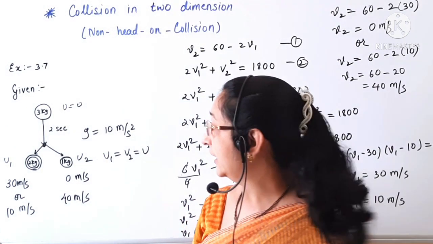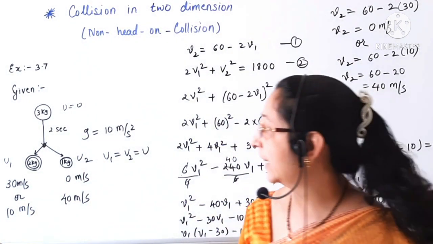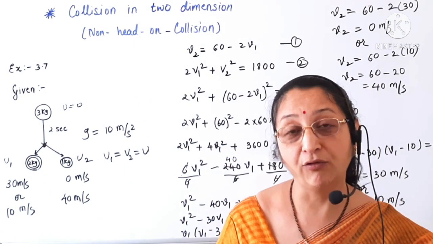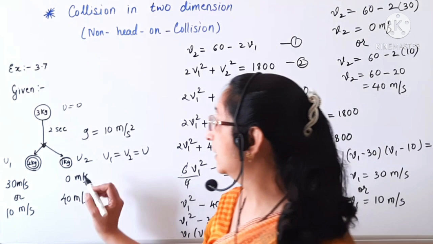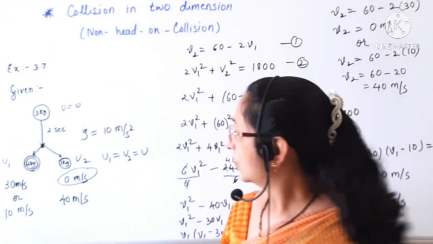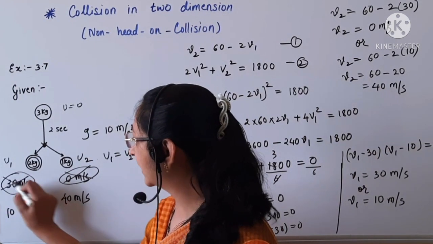Now, logically, this mass of 1 kg is smaller than the mass of 2 kg. Hence, the velocity of the 1 kg mass should be greater, but here the velocity is becoming 0. So, this is not a possible case.